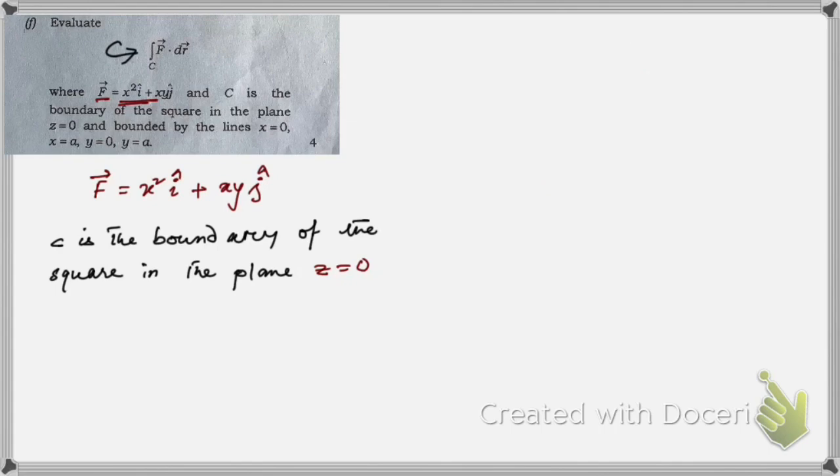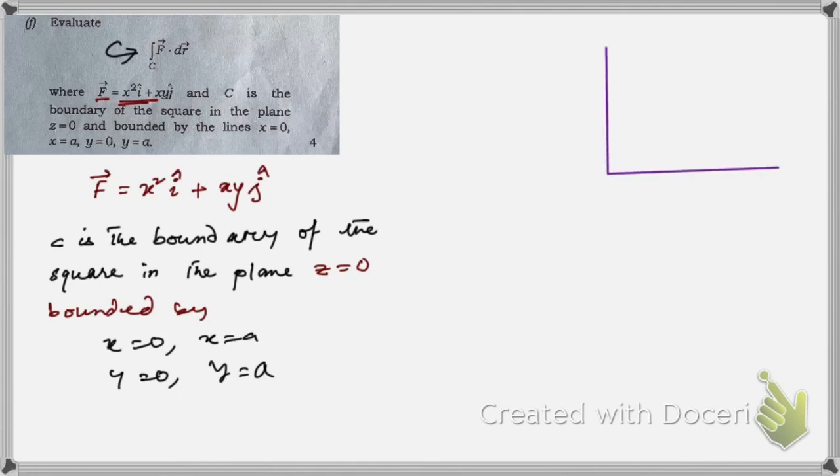The square is bounded by the lines x equal to 0, x equal to a, y equal to 0, and y equal to a. Let me draw the xy plane here.